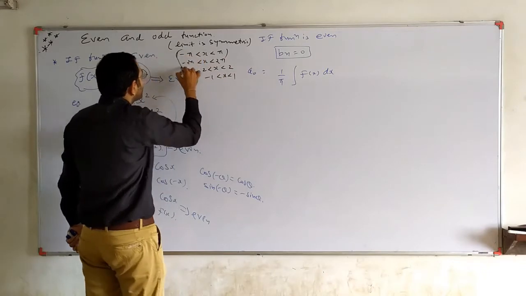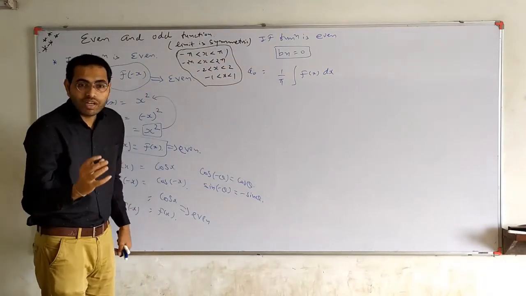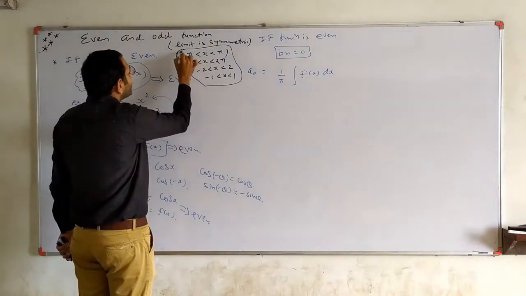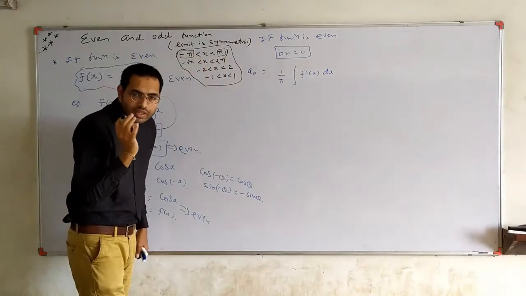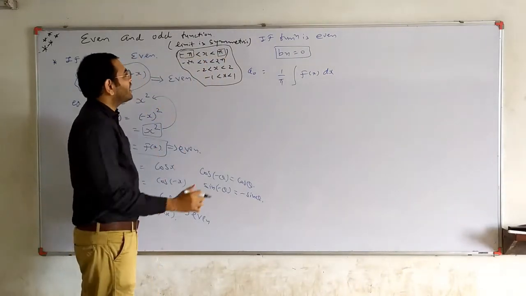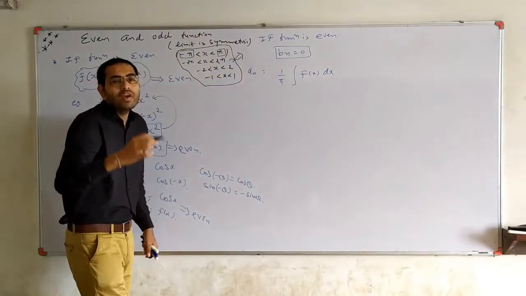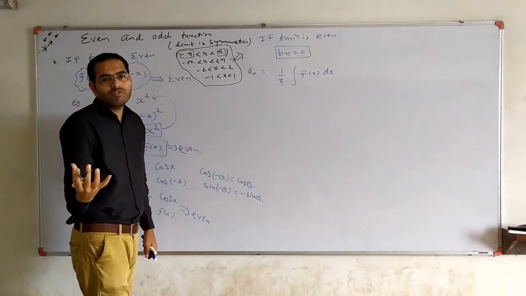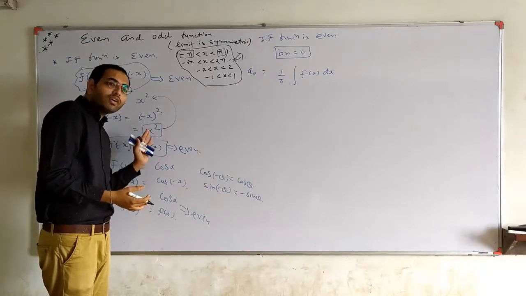When this type of limit is given in the question, we can say that the given limit is symmetric. It means the starting and ending range is the same, with only the sign changed, positive and negative. With this type of limit, we can solve using even and odd functions. First we identify whether the function is even or not.